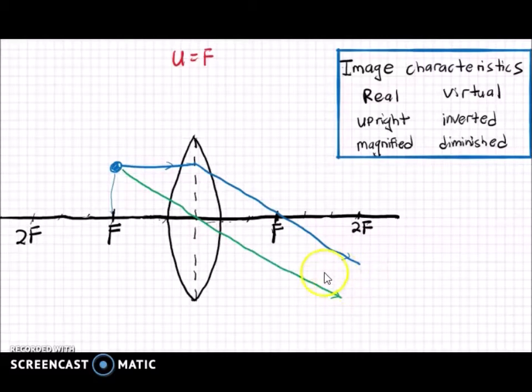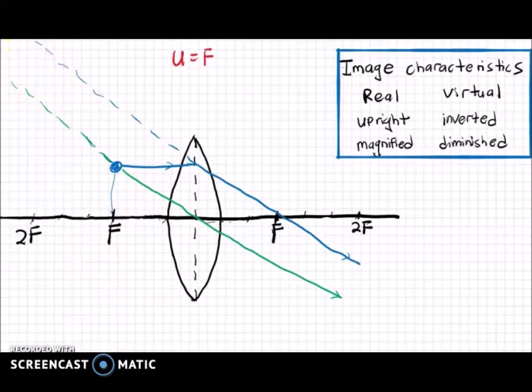Since there is no intersection over here, we are expecting a line over here. As you can see, these lines are not intercepting. So the image will be formed at infinity.